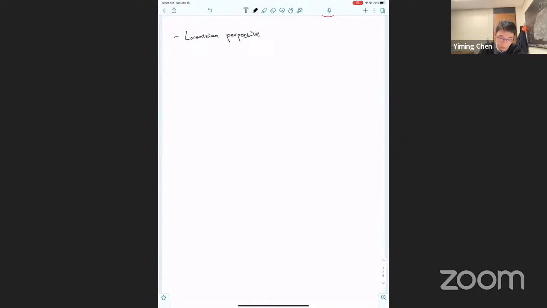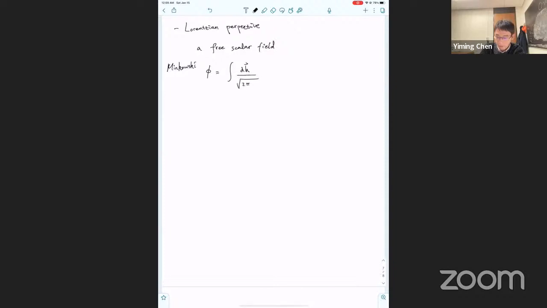So let's just consider a free scalar field in arbitrary dimensions. The dimension really doesn't matter too much in this discussion, for reasons that I will mention. As you all know, in Minkowski coordinates it's super easy to write down the mode expansion for the scalar field. It will just be some integral over momentum, divided by some normalization.